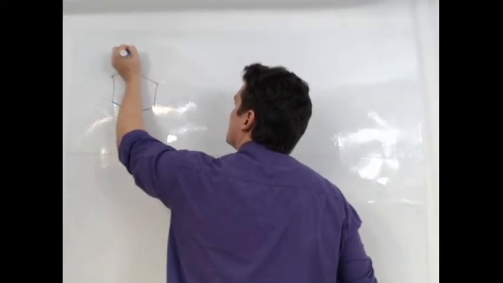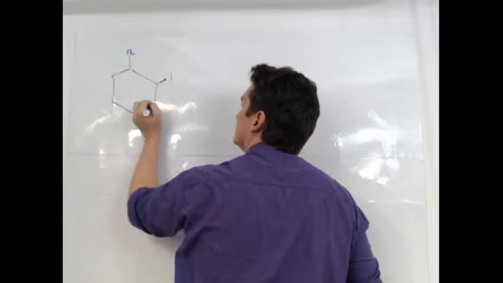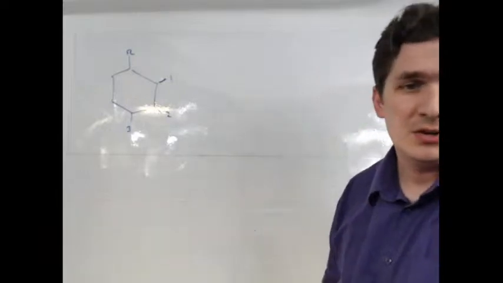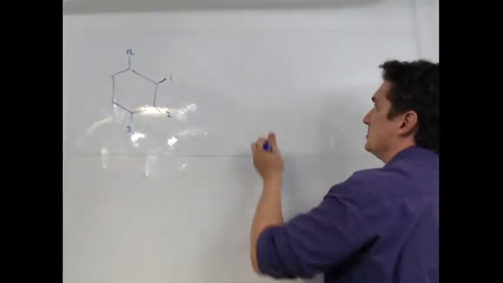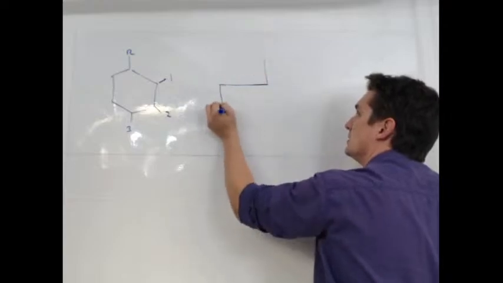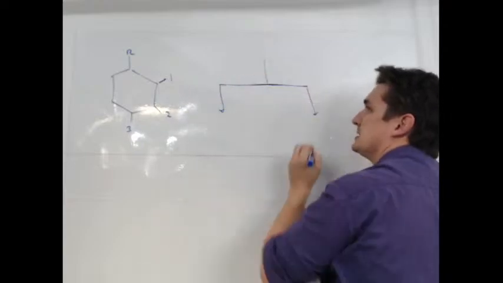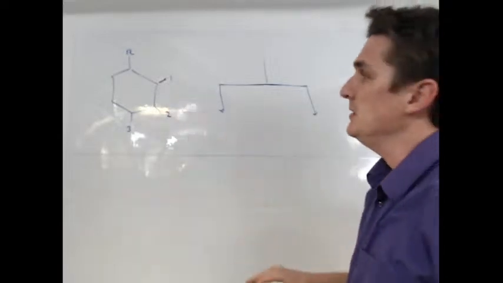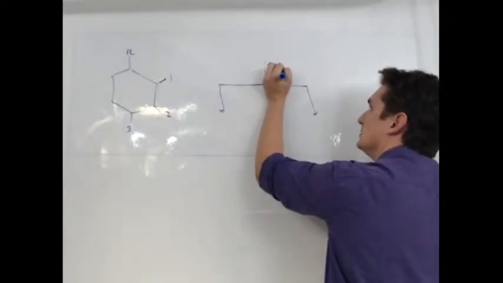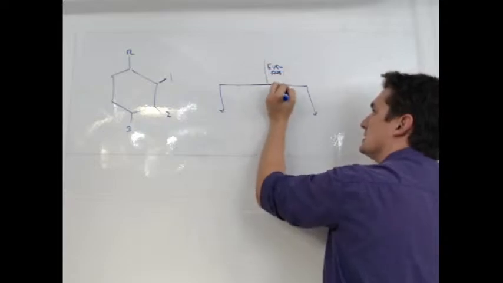Let's say we have 2 groups on a molecule. We have the first, second, and third positions. So the first thing we have to ask is, is the number on an even position? Yes.